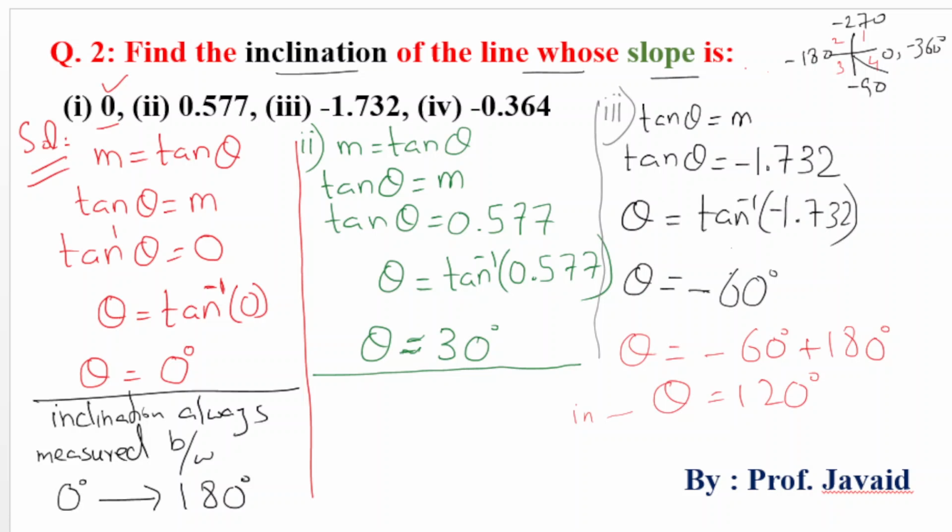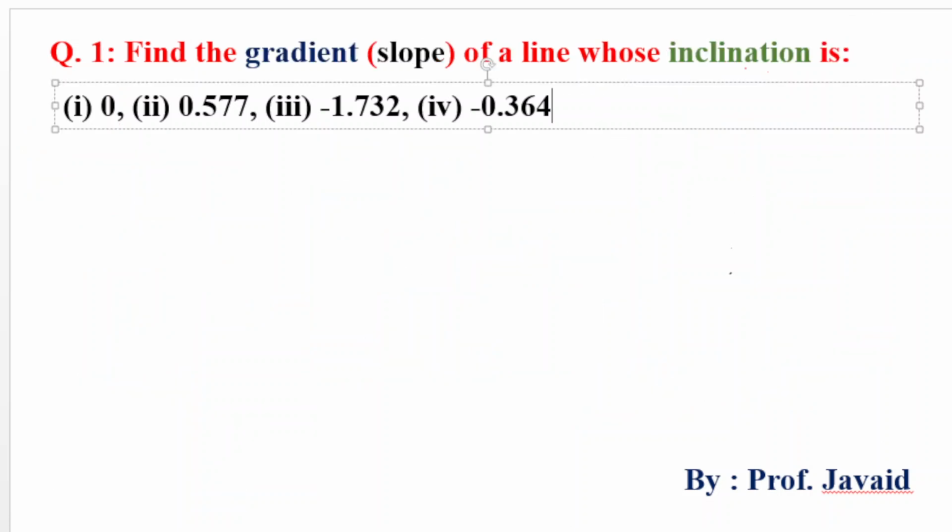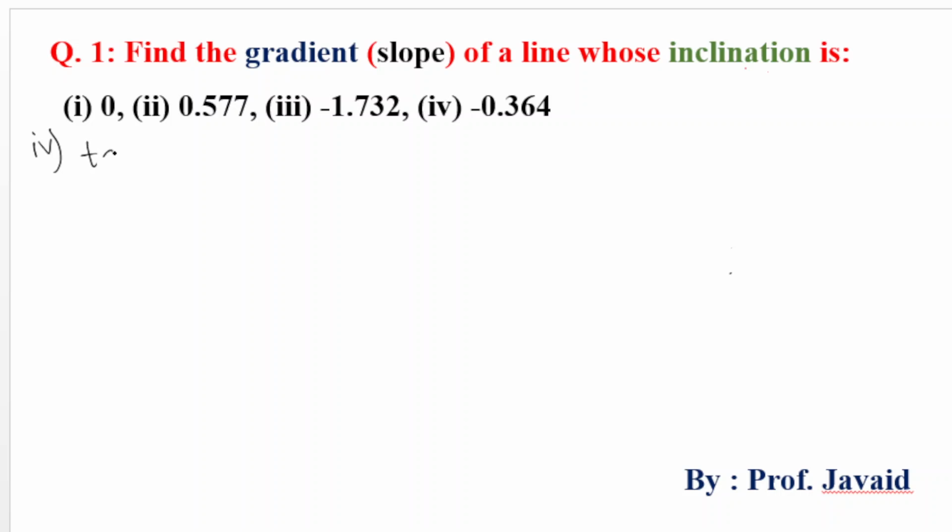Okay, the last part, the next part. So now we will solve the fourth part. The last part we will solve on the next page. Okay, so let's write here the fourth part. Tan theta is equal to m. The slope given to us is negative 0.364.